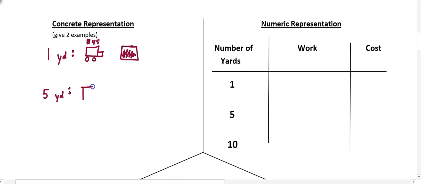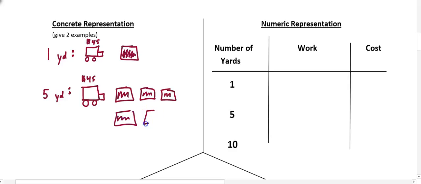If we order 5 yards, we still only have 1 delivery truck coming. That's going to cost us $45 for the delivery fee of the sand. And then we have 5 yards of sand. So 1, 2, 3, 4, 5.